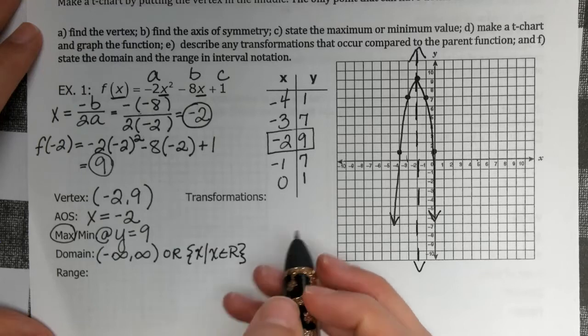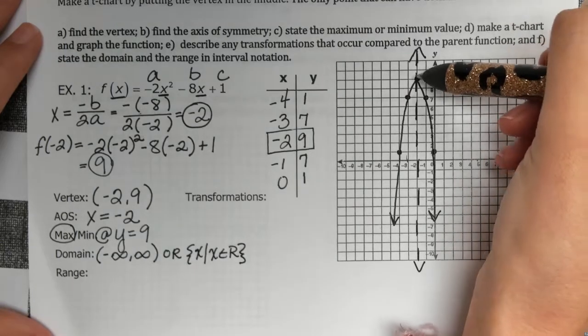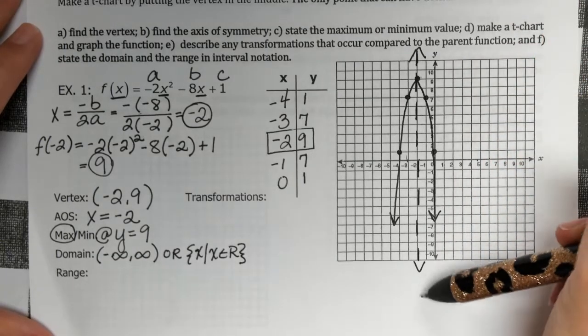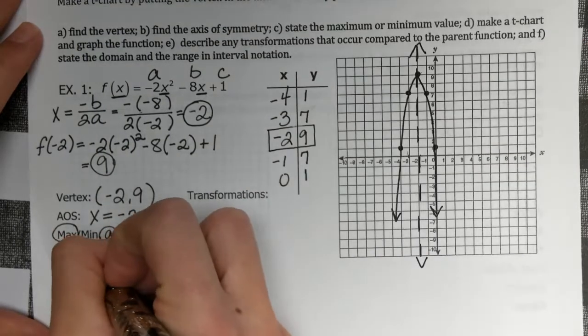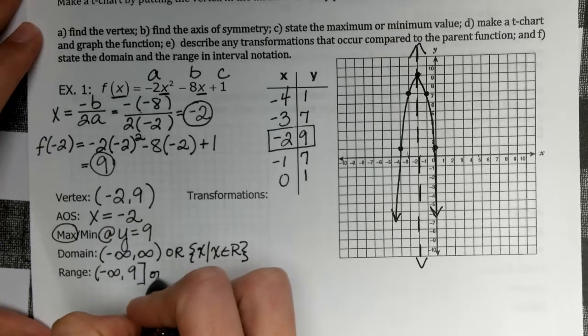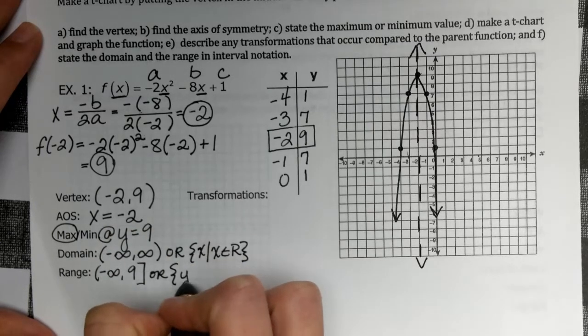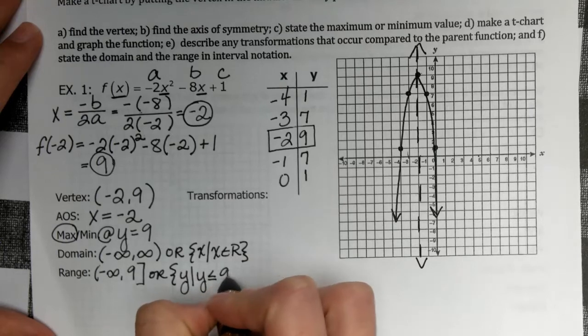Okay. I'll still write it then. Alright, so my range, if I have a maximum, then that means I start down here, negative infinity to 9. Or for my set builder, y is less than or equal to 9.